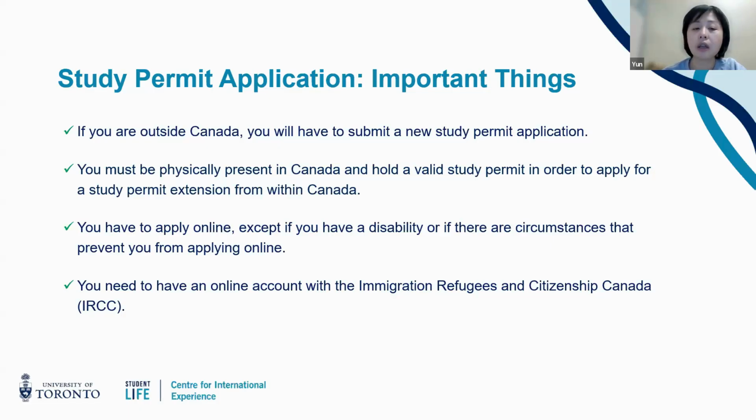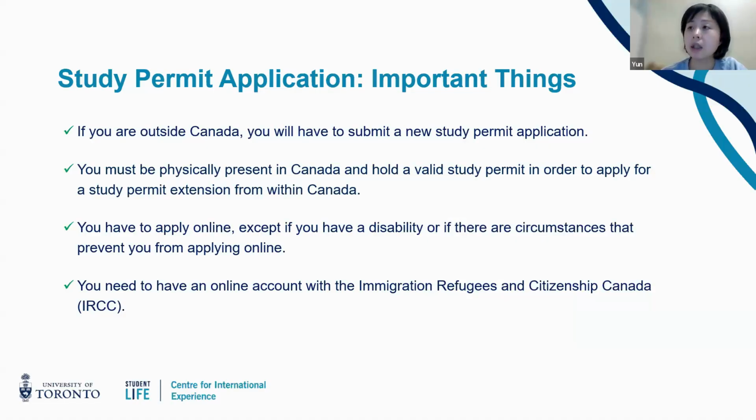Now if you want to apply for a study permit extension, you must be physically inside Canada, and your study permit must be valid. You must meet both conditions: one, you must be physically inside Canada, and two, your current study permit must be valid for you to apply for an extension from within Canada.